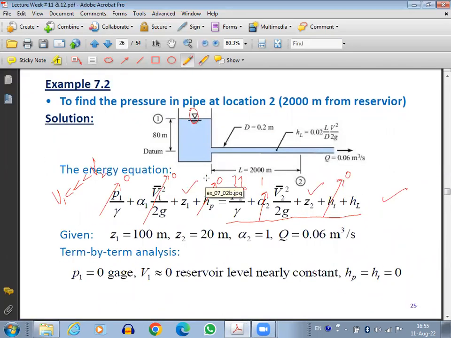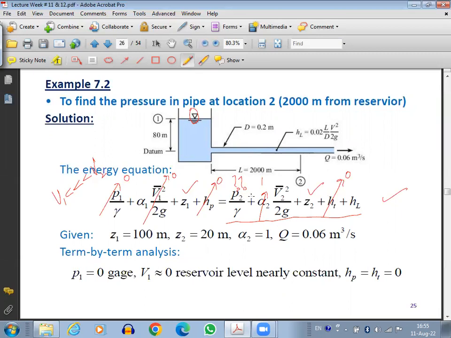If suppose it was Bernoulli's equation, if suppose we say that it is inviscid flow, so what change would occur? Head loss will not be there. And if head loss is not there, then what change will occur? You're going to find out that the value of P2 will be different.